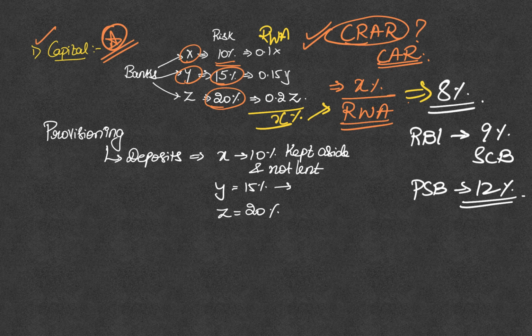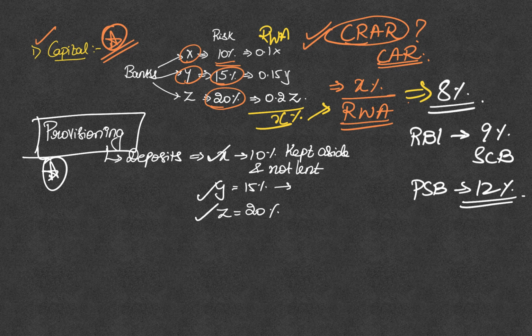This is one concept. Let us now talk about the concept of provisioning. Even this is something similar. Let's say the bank has already given loans to different customers and the corresponding risks associated with those assets are given here. The concept of provisioning says that whatever is the risk percentage, let's say 10% is the risk associated with the asset X. This asset X is worth 100 rupees, let us say.